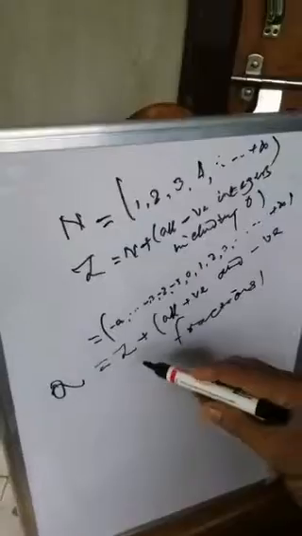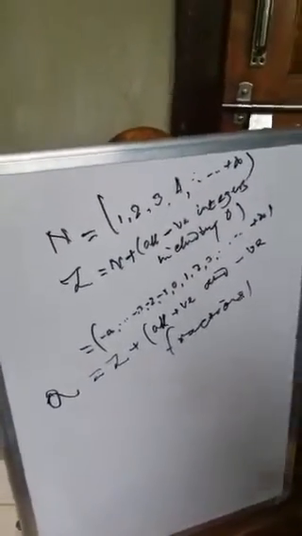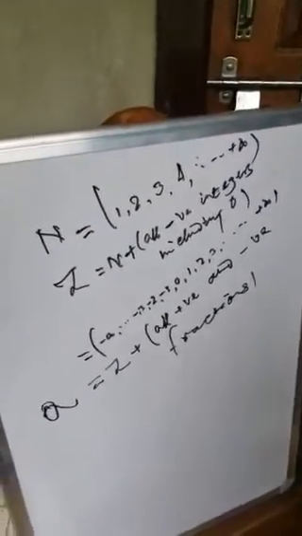The Q set is equal to the Z set plus all positive and negative fractions. Why do we call it the Q set? Because every fraction is the fractional form of a quotient. The quotient is also a fraction, so it's called the Q set.